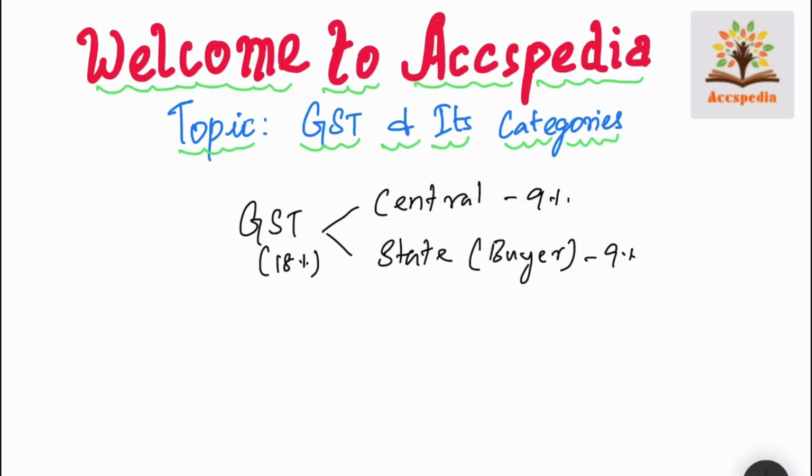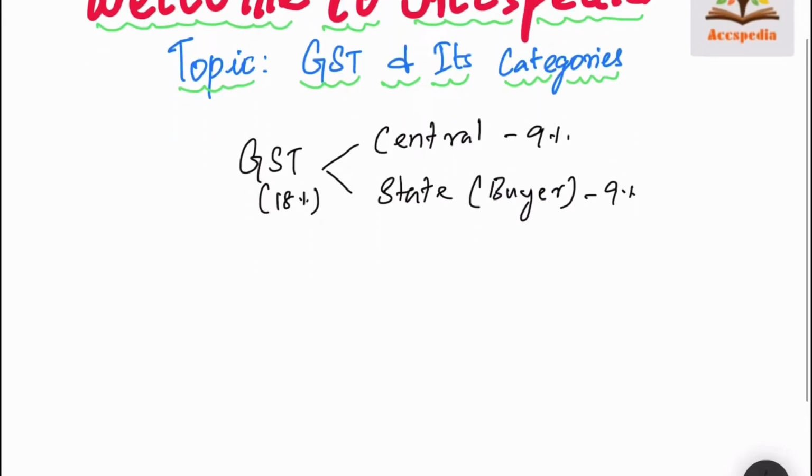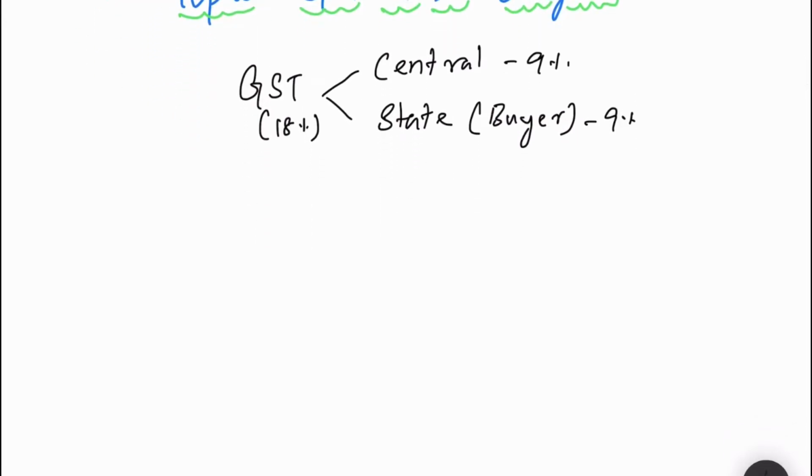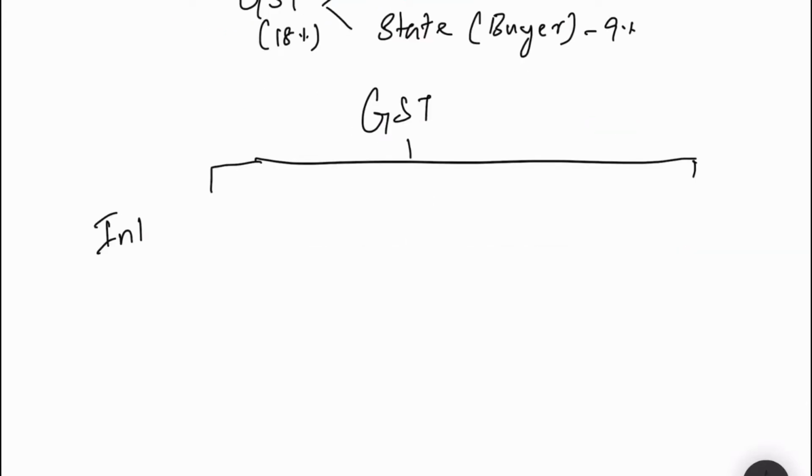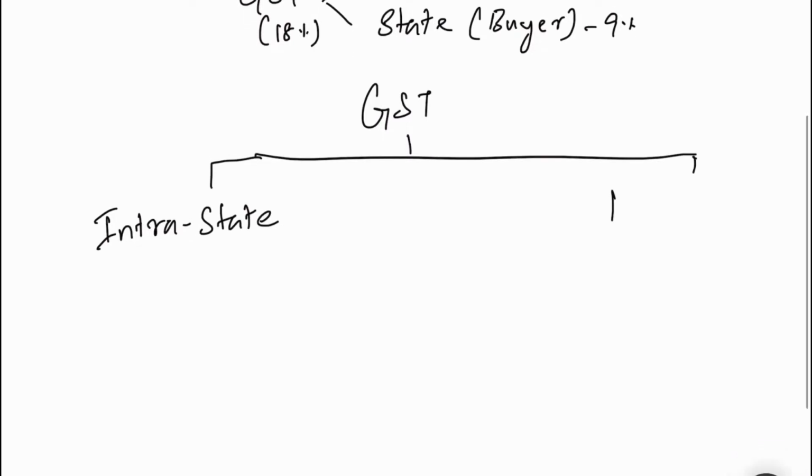Okay, now to understand this category, this GST is broadly categorized into two based on the transaction, that is intrastate transaction and interstate transaction.